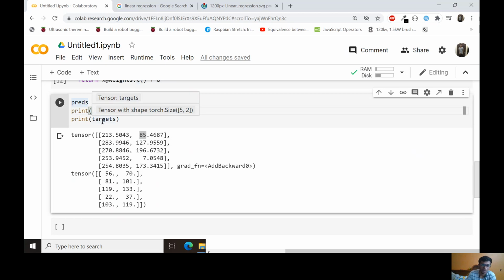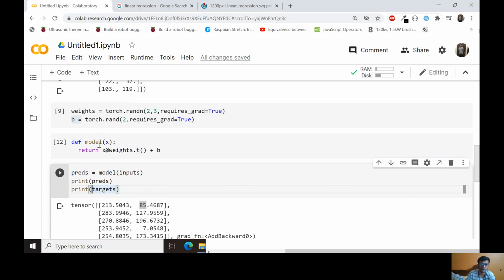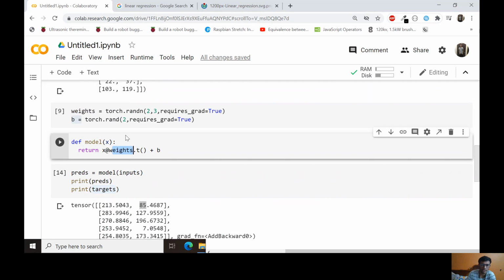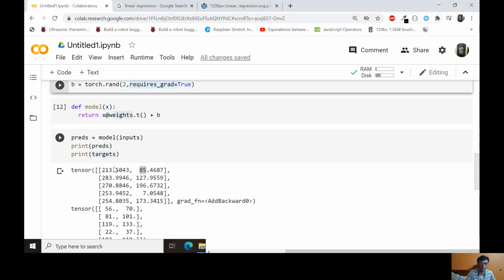And this is valid as well, because the weights were completely random for now, at least. In further videos, we will try to optimize this using gradient descent, and that's why we have written requires grad. Let's see how to optimize this, because this can change.